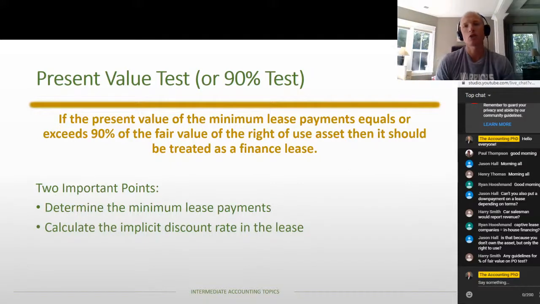In this case, we're going to use the term implicit discount rate, and I'm going to demonstrate to you how to calculate that implicit discount rate. But again, you get the present value of the minimum lease payments, and you compare that to the fair value of the asset. If it's 90% or more, then it should be treated as a finance lease.